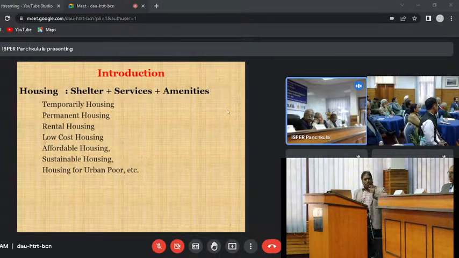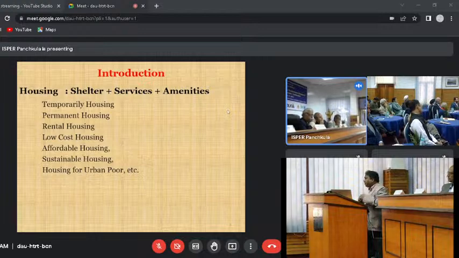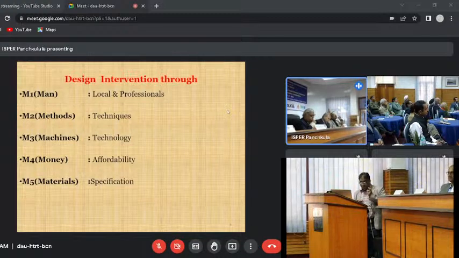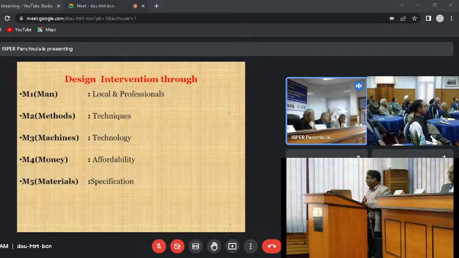In this presentation, I try to focus on affordability, how things become affordable so that a man can purchase a house. When it talks about affordable housing, design is the only criterion through which we can do the intervention. Five different interventions are possible in the housing sector, so that the house becomes affordable, low cost, and a common person can purchase a house.